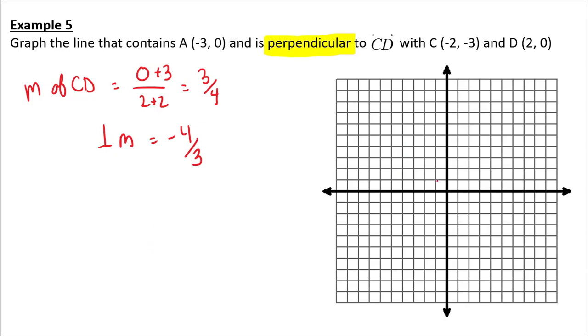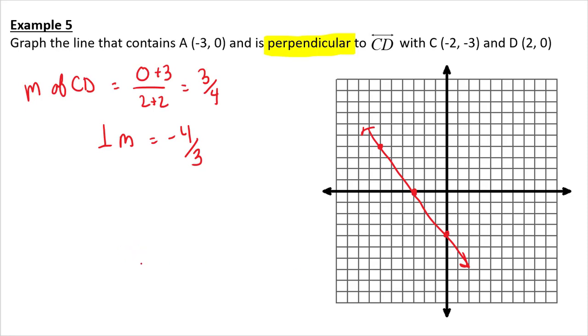So I have the point negative 3, 0, and it has a slope of negative 4/3. So I can go up 4, left 3, or I could go down 4.